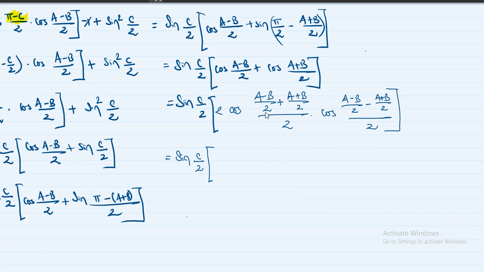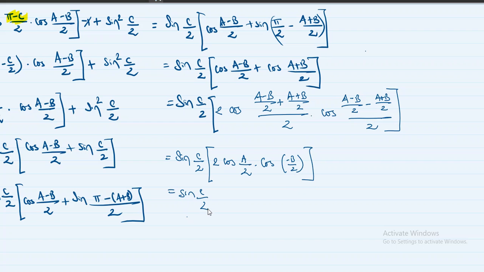Okay, so here we get (A minus B plus A plus B) by 2, that is 2A by 2, which is nothing but A by 2. So 2 cos A by 2 into, here we get (A minus B minus A minus B), so minus 2B by 2 or just minus B by 2, cos of minus B by 2.